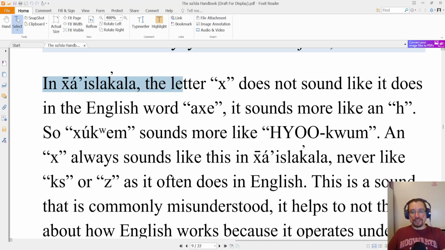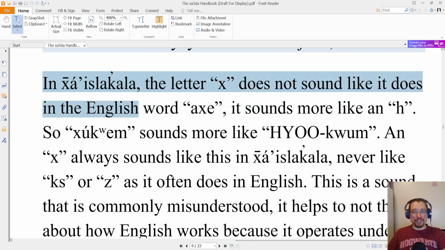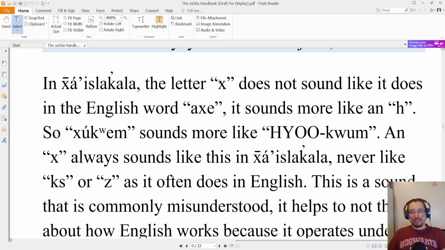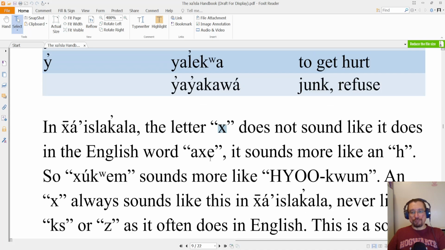So in xa'isla, the letter X does not sound like it does in the English word axe. This is a very common mistake. I'll see people write xa'isla with an X. That does not say X, that says eich, because the X sounds like h by itself.